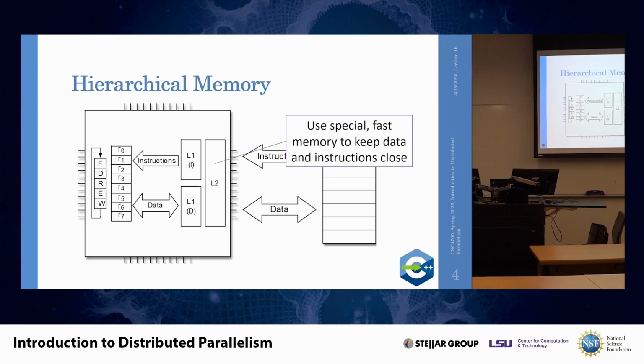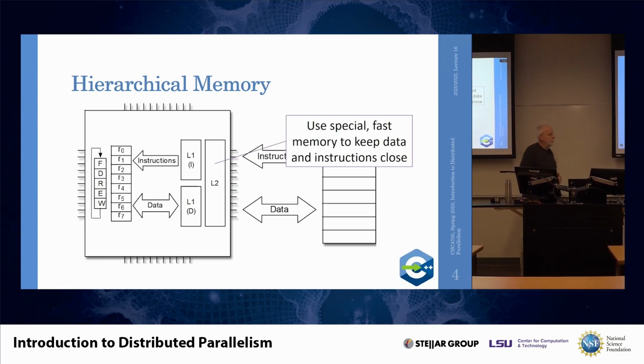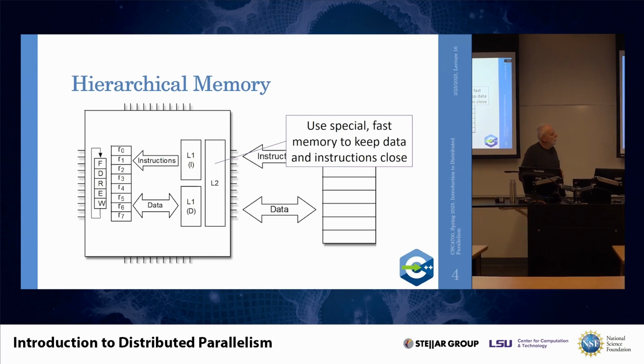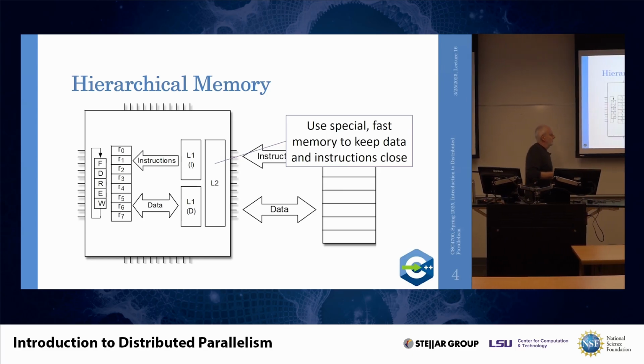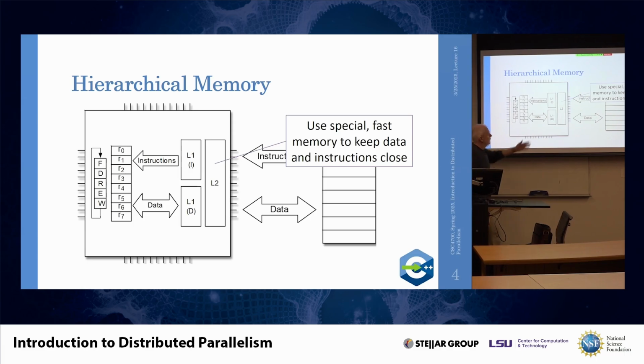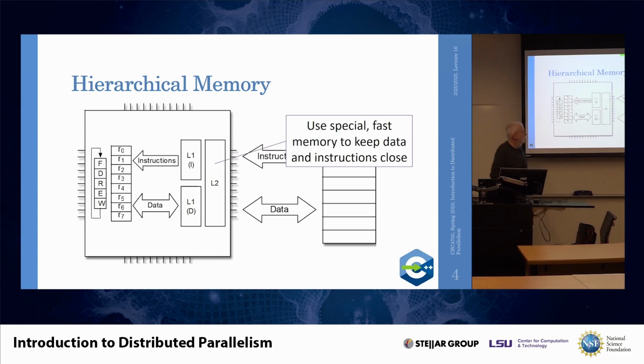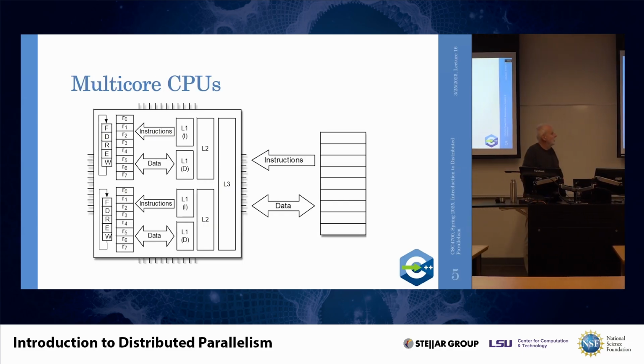These caches are very fast. Well, still not as fast as the cores, but a factor of n faster than the external memory, so kind of in between the clock rate the core provides and the clock rate of the external memory.